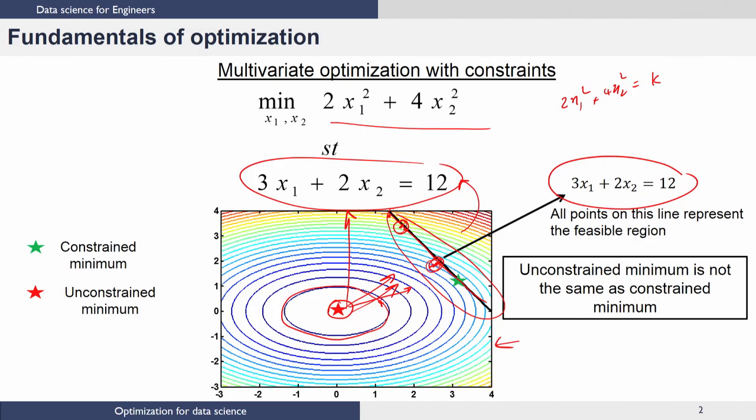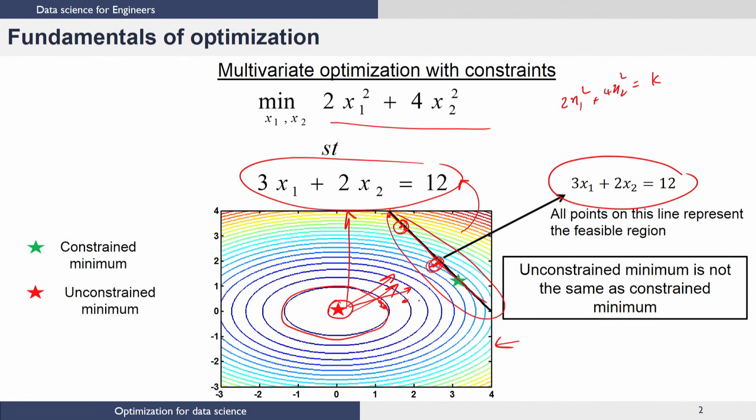Now, logically, if you keep extending this argument, you will see that, let us say this is the first point, I moved here, which is basically worse than this, because you see this is a contour which is going to be outside of this contour. I made my objective function worse, but I still am not satisfying the constraint.